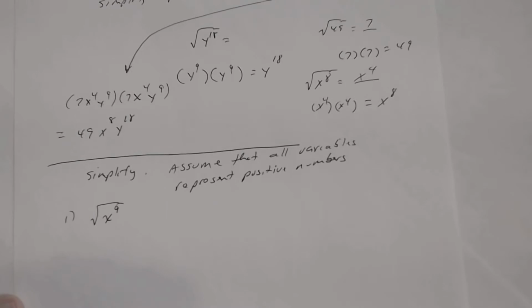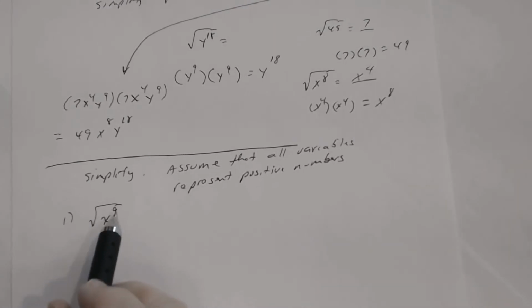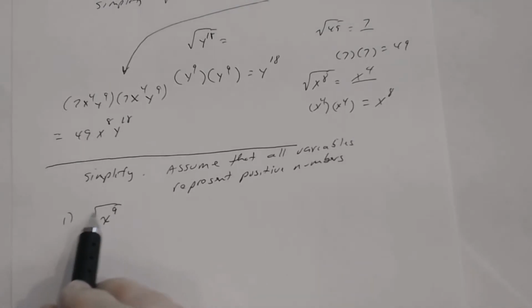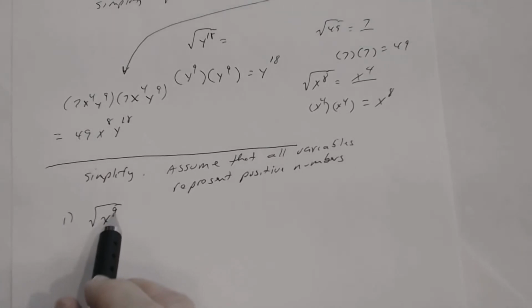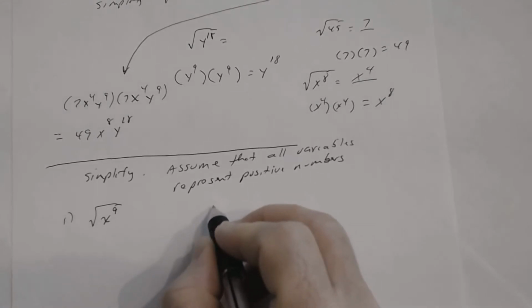Okay, so here's what you got to do. Do you see that the index is 2? If the index is 2 and your exponent is greater than or equal to 2, you can simplify this further. So I'm going to write this out.